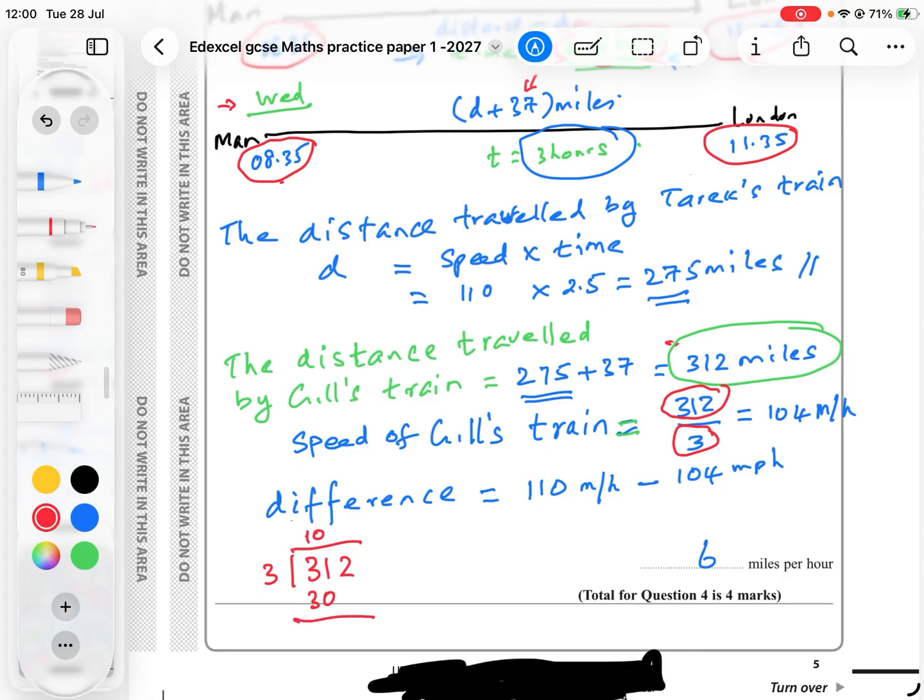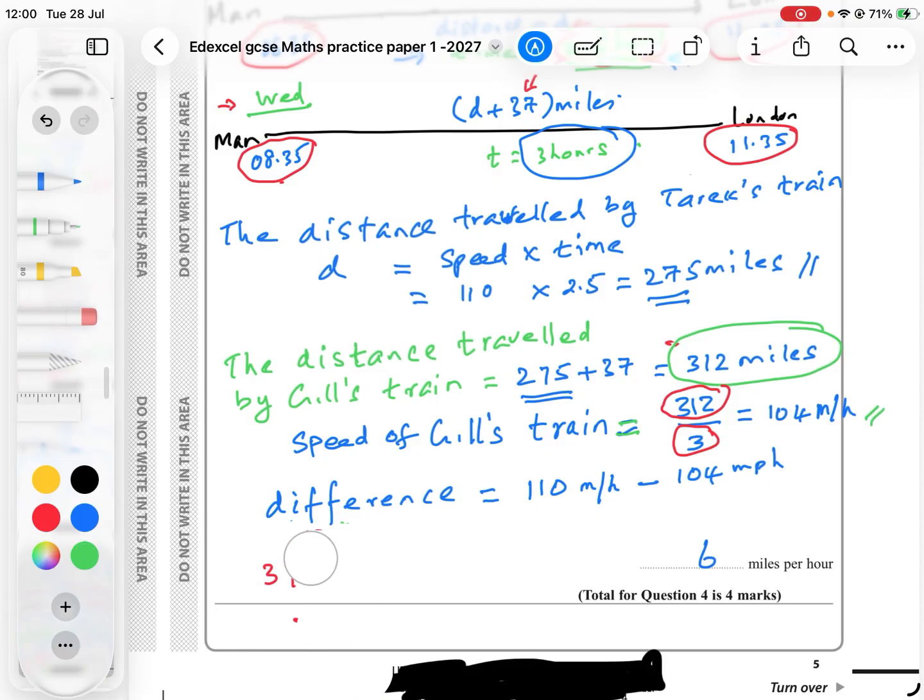Now 3 take away 3 is 0, 1 take away 0 is 1. If you bring the 2 down, 12. Now 4 times 3 is 12. When you get 0, you must stop. So 312 divided by 3 is 104. So the speed of Gill's train is 104.